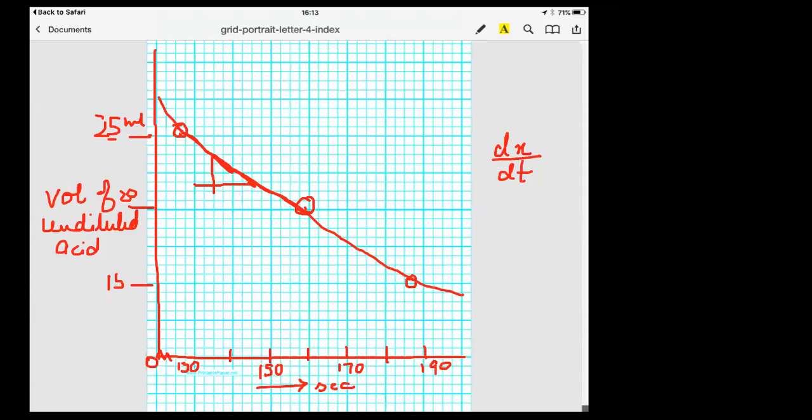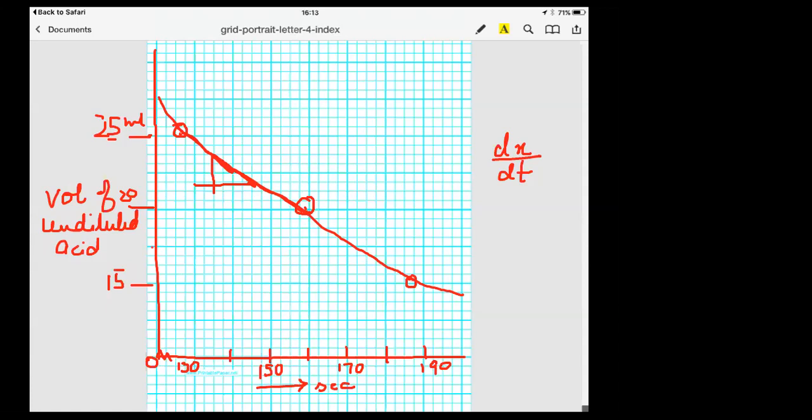But we will do one thing here that is there in your question also. I have asked how much time it will take for the same size magnesium strip to dissolve in 18 centimeter cube of the same acid. So if this is 15 and this is 20, then you can imagine that this is 16, this is 17, this is 18.